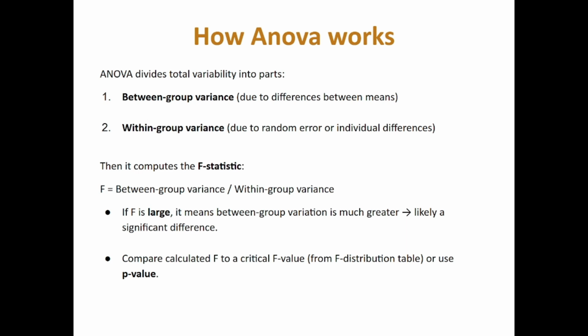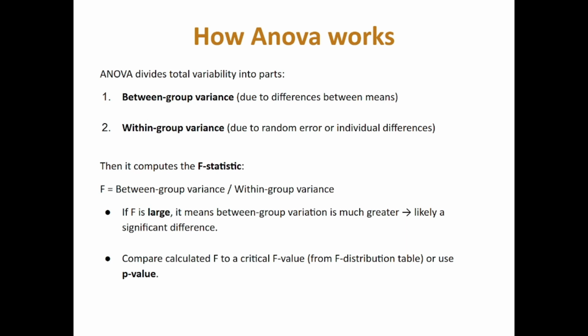But to reach the conclusion whether you should reject the null hypothesis or fail to reject the null hypothesis, you have to compare the calculated F value with the critical F value which you will get from the F distribution table, just like we have done for the chi-square example I showed you just before this.